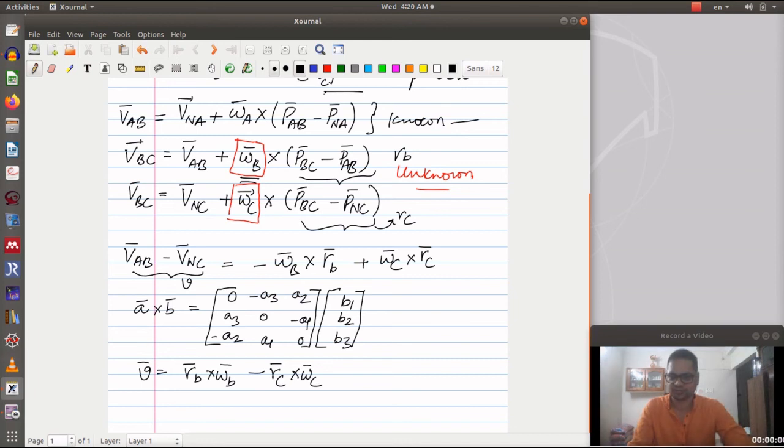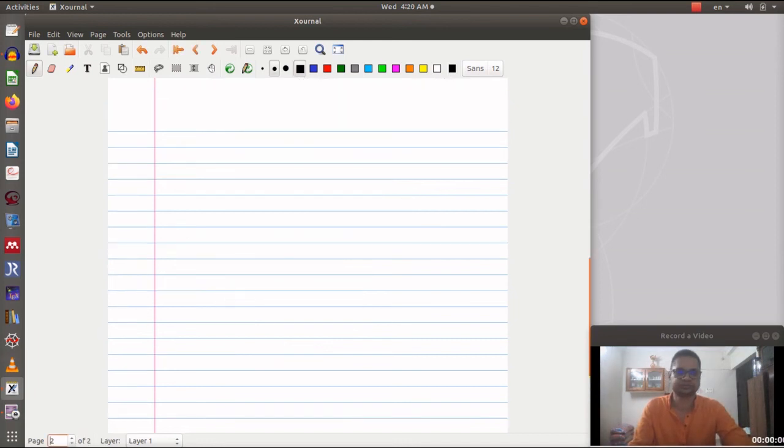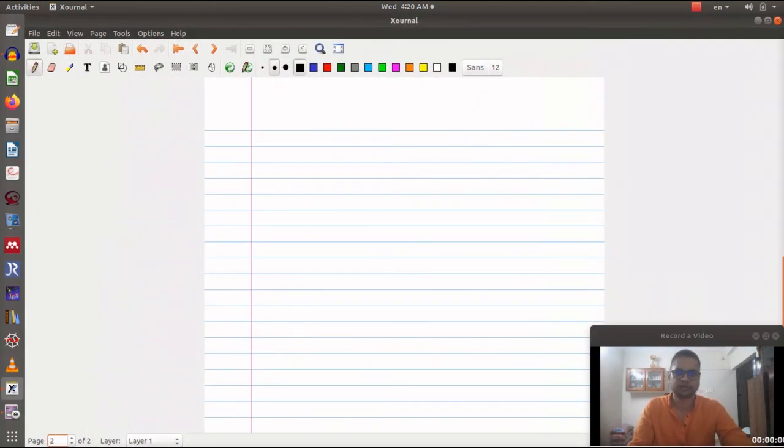Oh, okay, we need to go to the next page. Now if we write this, we have vector V equals RB cross omega B minus RC cross omega C, in which omega B and omega C are unknown quantities.